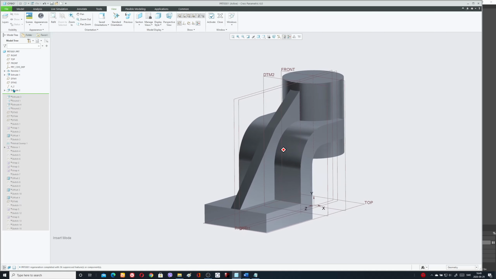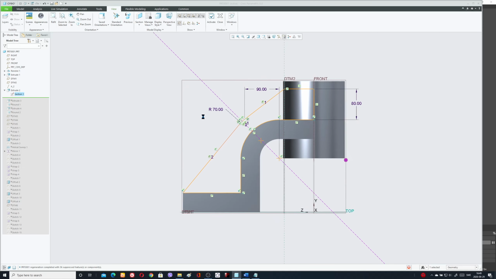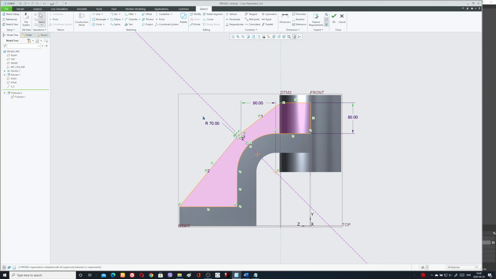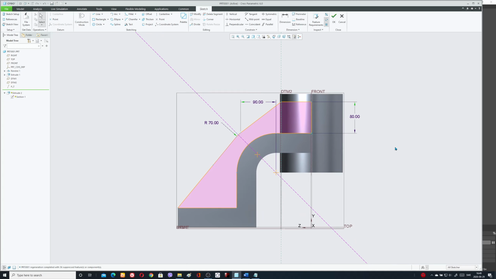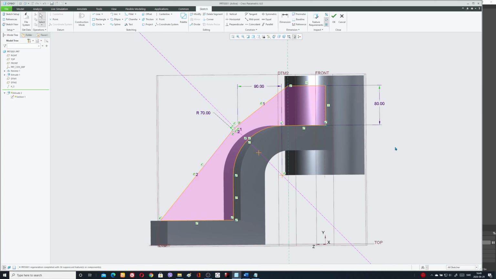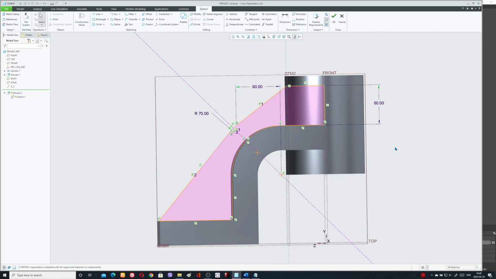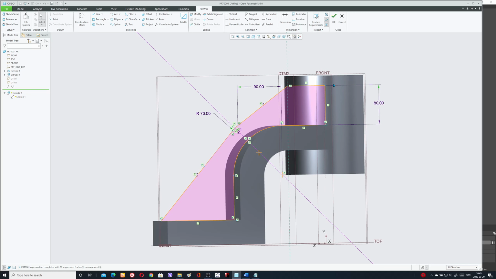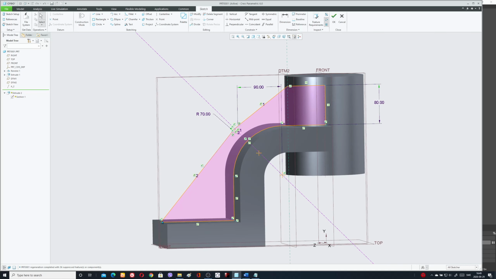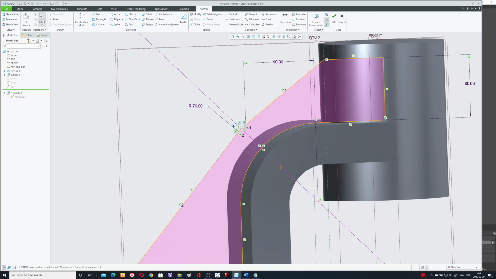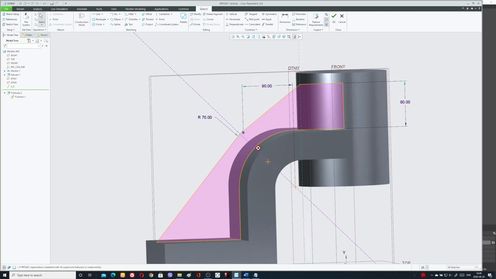So I will construct this one here. Let me edit this. It looks like this. In the sketch, you must take the projection of this line here. And after that, you can take this line here, and here you have a radius of 70.